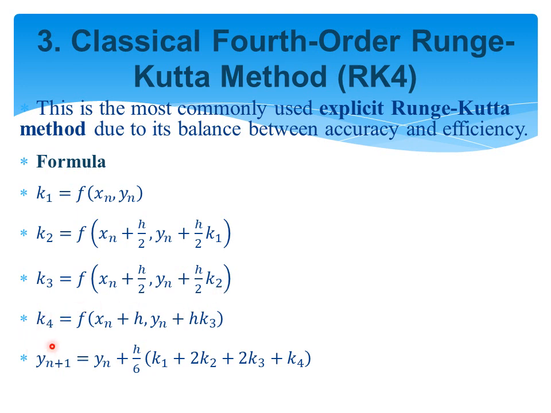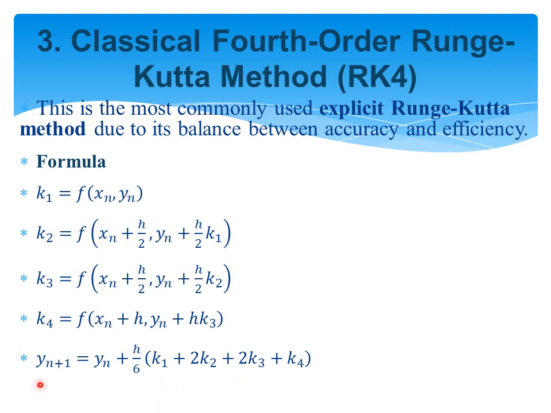Same process, therefore k4 = f(xn + h, yn + h k3), because we have found k3, then we put these values of k3. After finding values of k1, k2, k3, k4, all values we will put in these values.